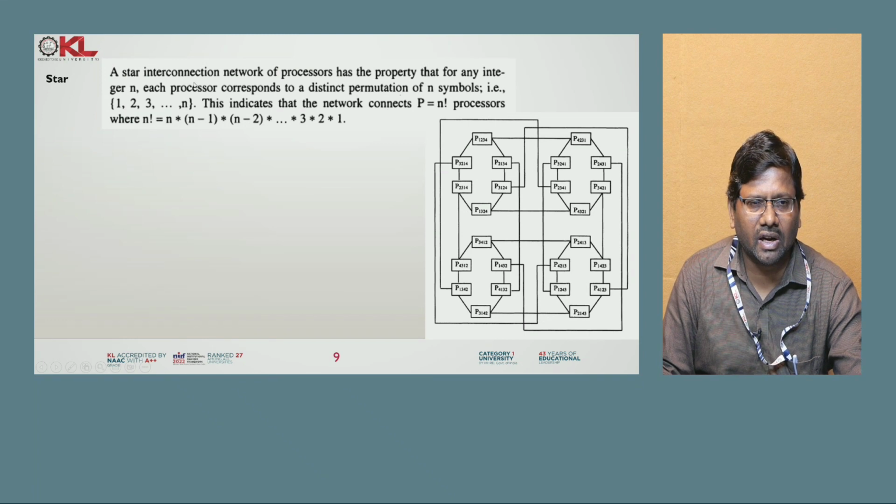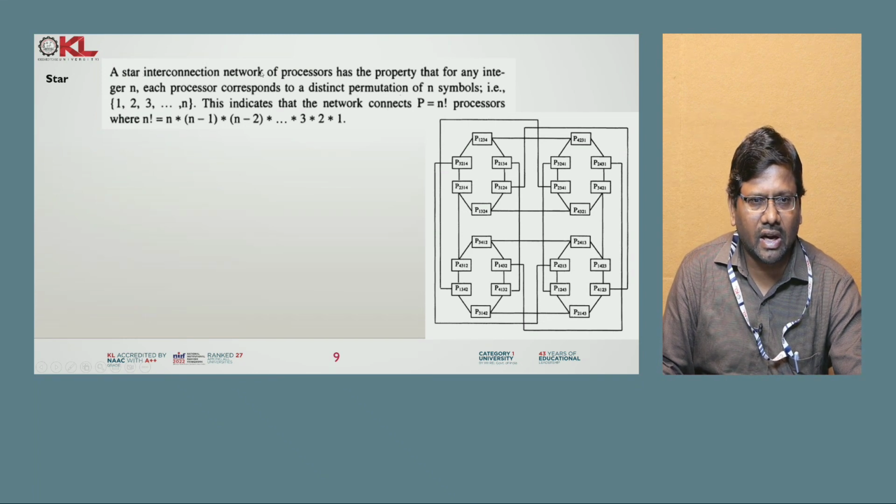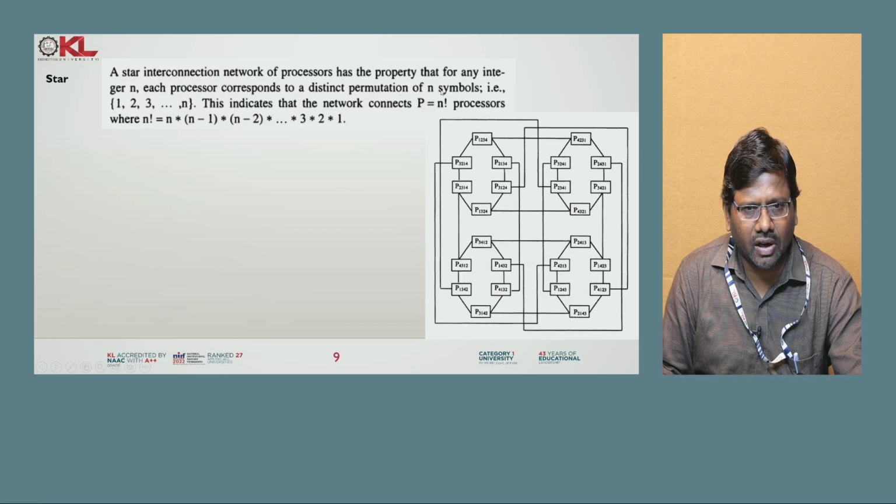Okay, this is a star interconnection. A star interconnection network of processors has the property that for any integer n, each processor corresponds to a distinct permutation of n symbols. That is, each processor is represented with 1 2 3 and so on up to n.